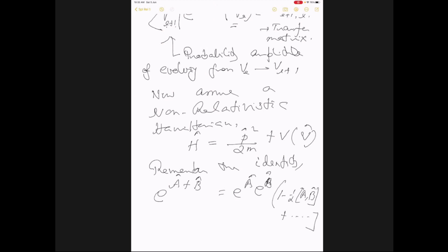So remember, if A and B are not operators, because they are ordinary C numbers, then all the commutators are 0. So it is just your old result e to the power A into e to the power B.